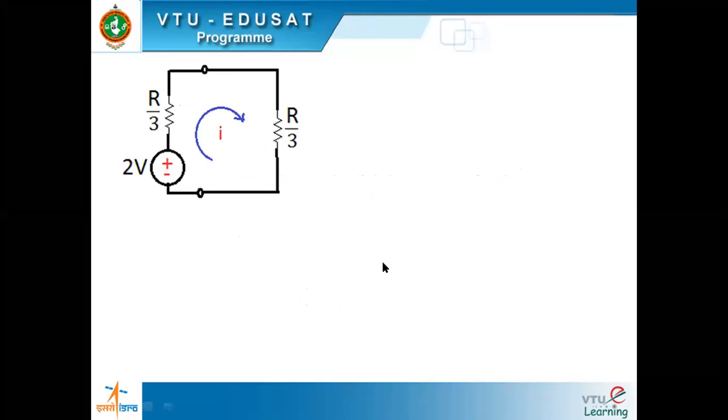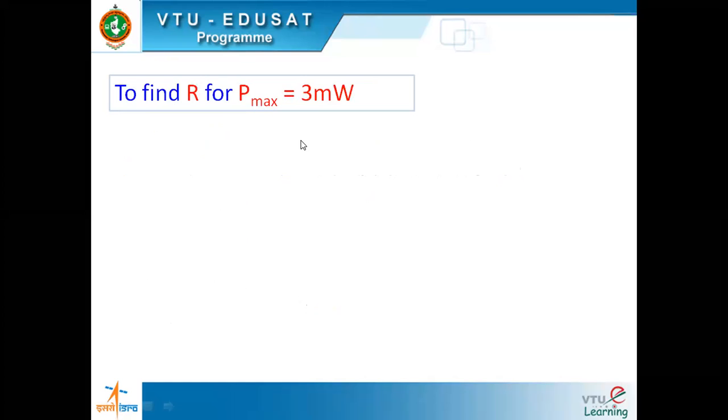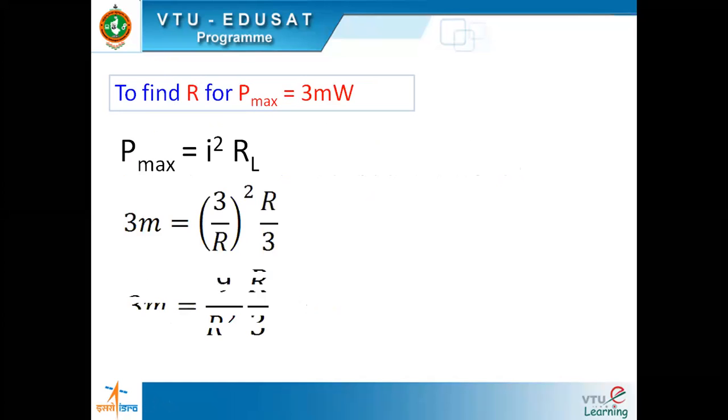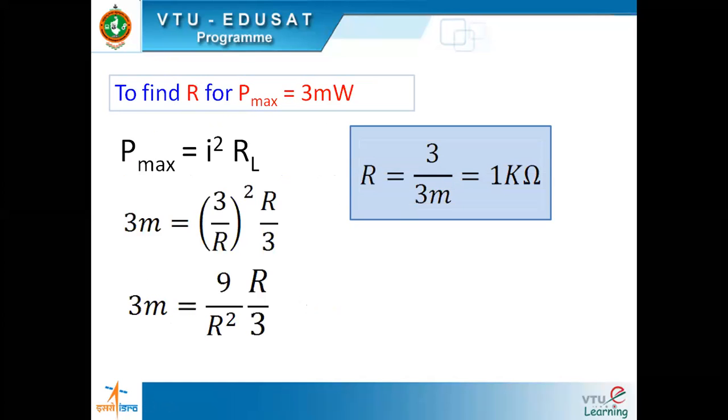So in the circuit that we have obtained by Millman's theorem, the load that we are connecting is R by 3. Why did we do that? Because they have already given us the maximum power that is being delivered. 3 milliwatt is the maximum power. So since 3 milliwatt is the maximum power, this has to be R by 3. That is why R happens to be 1 kilo ohm.